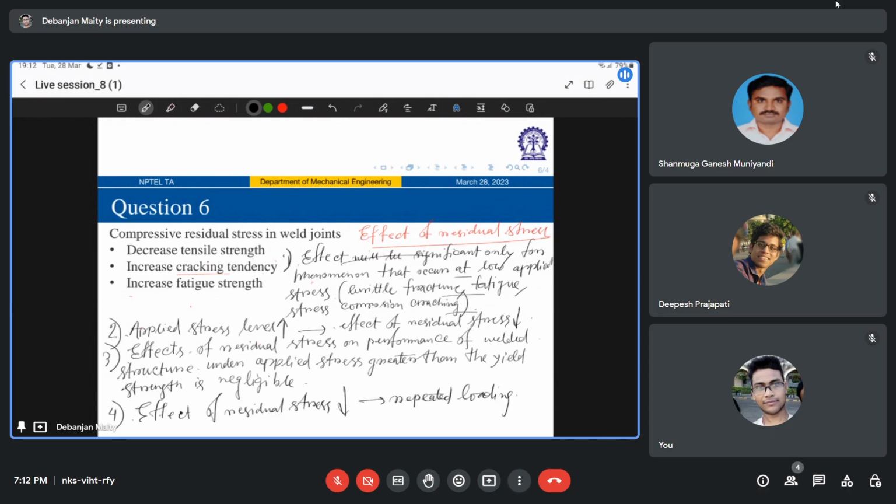Your stress state will always be triaxial, right? I hope you know what triaxial is. You'll have stress in all three directions. Because of this complexity in your stress state, the brittle fracture will happen very quickly, and residual tensile stress causes more problems than residual compressive stress.